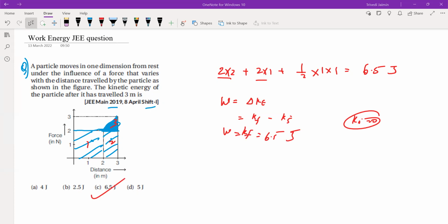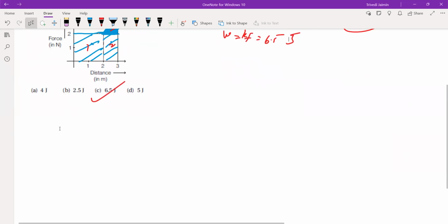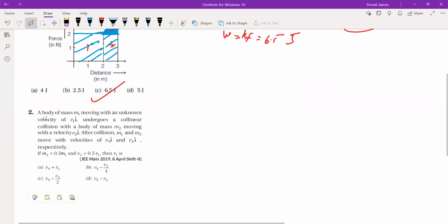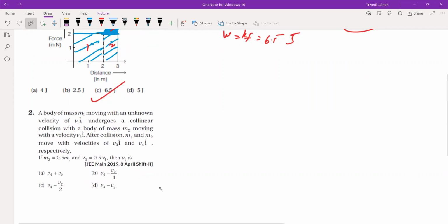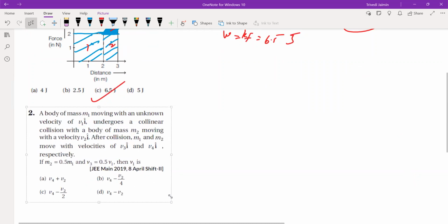Okay, there is a little bit of derivation required here. Question 2. So what will you do here?